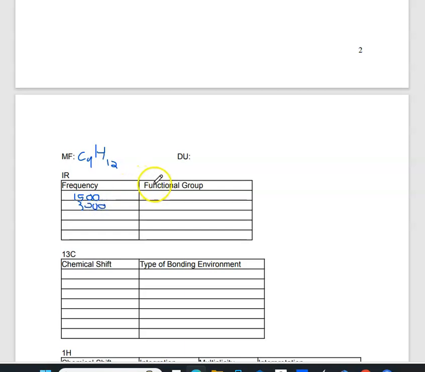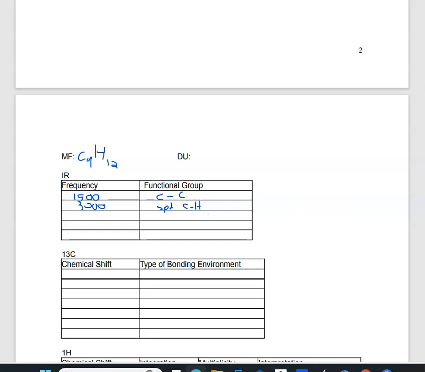So the functional groups we're looking at in the 1500 is a single bonded carbon to carbon, and in the 3000 range we're looking at sp2 carbon to hydrogen.